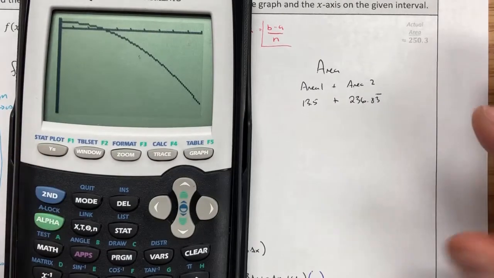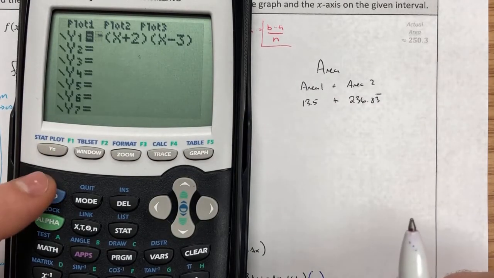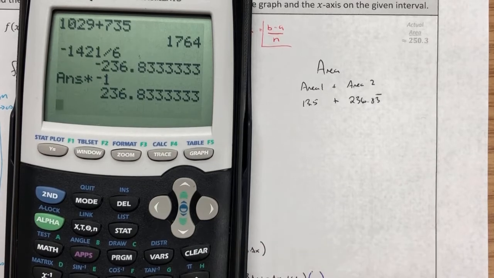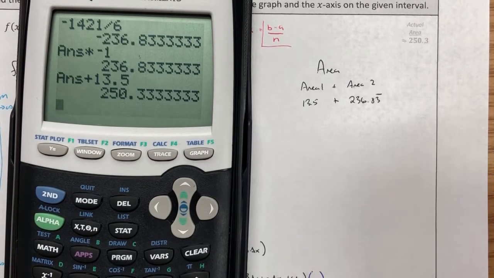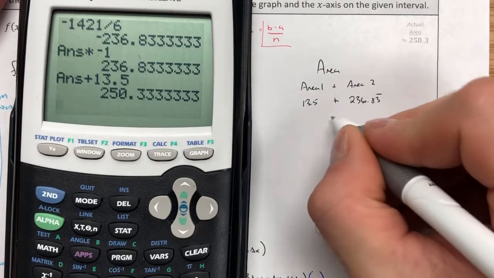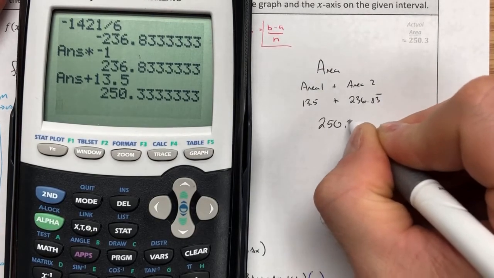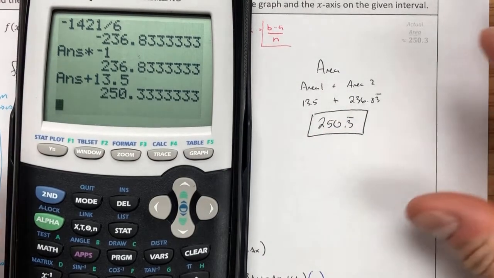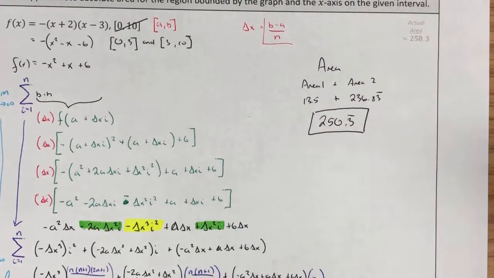And let's see what that gives us. Okay, so I'm multiplying it times negative 1, so I get a positive value, plus 13.5. 250.3. Boom. Exactly as we wanted.